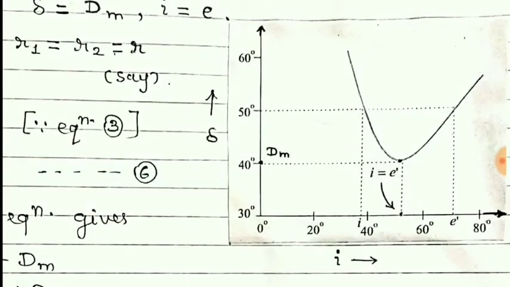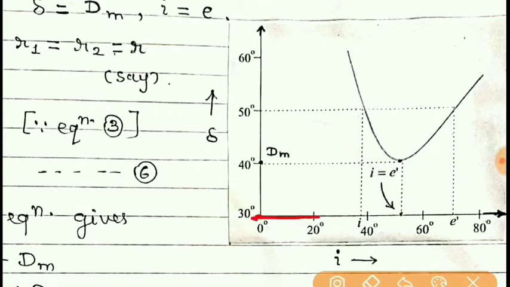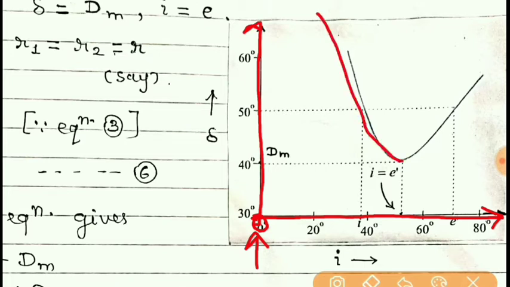So now students, you can see in this graph, this line represents angle of incident and this vertical line represents angle of deviation. Now you can see when the incident angle is 0, at that time what is deviation? As this graph is moving in the upward direction, we can say that deviation is nearly infinite.